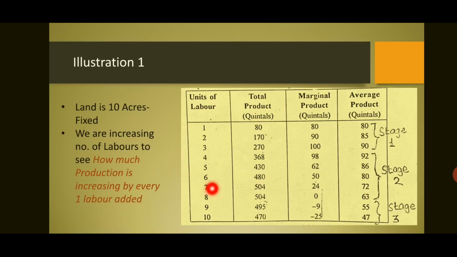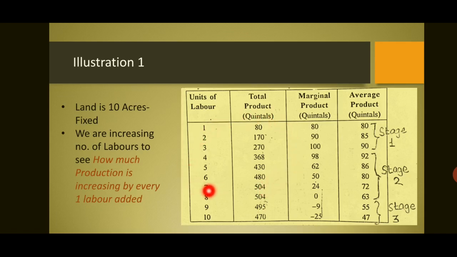So our total production is increased by 50 units. Then we are going to add one more unit of labor. So what will happen in our production? Only 24 quintals are increased. So our total production is increased by only 24 units.